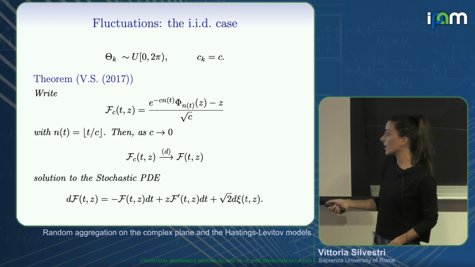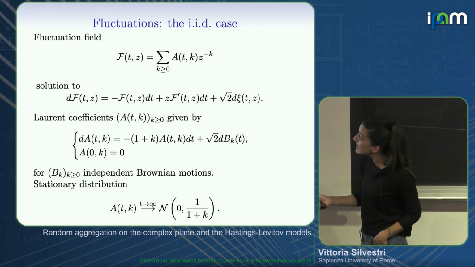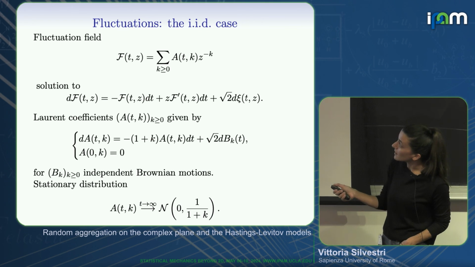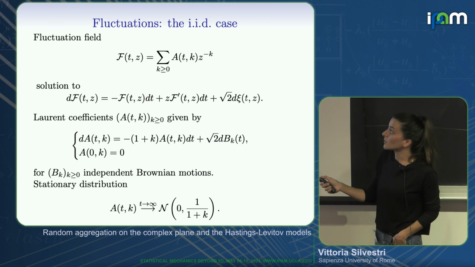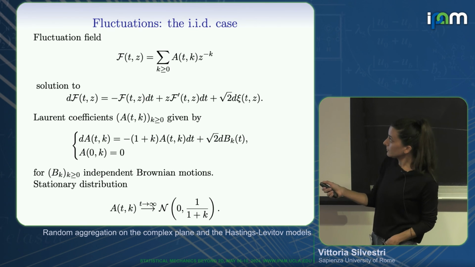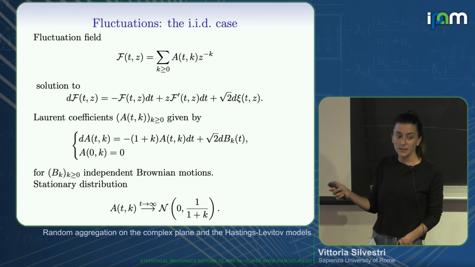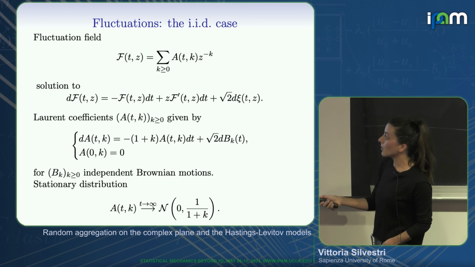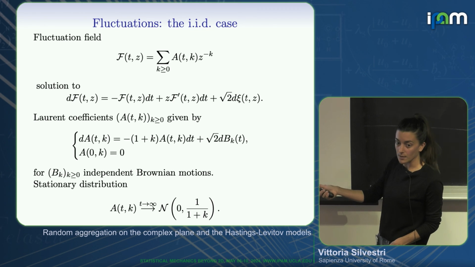Now, this PDE is a very nice PDE, and just to show you how nice it is, I'm going to take the function and expand it in Laurent series. It's a holomorphic function, so I can do it. And I can tell you the dynamics of the Laurent coefficients. And this will decouple, so they will evolve independently. That's just by rotational invariance. And they will be Ornstein-Uhlenbeck processes with mean reverting speed depending on the Fourier frequency k.